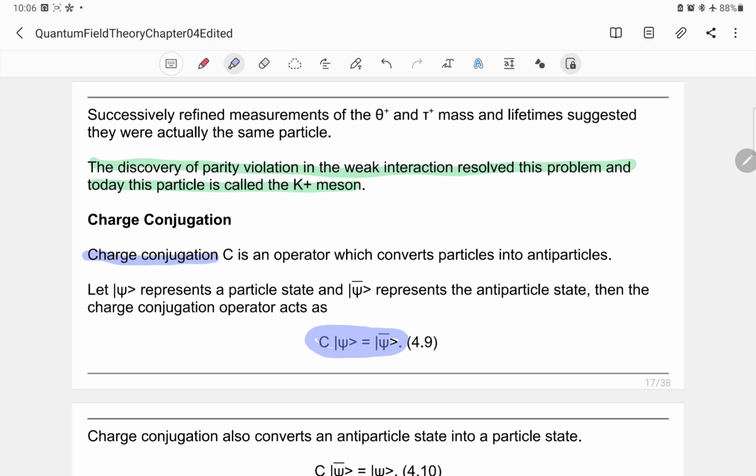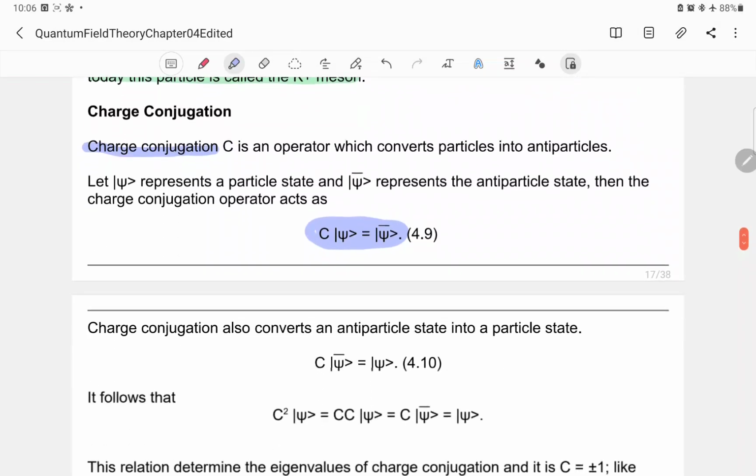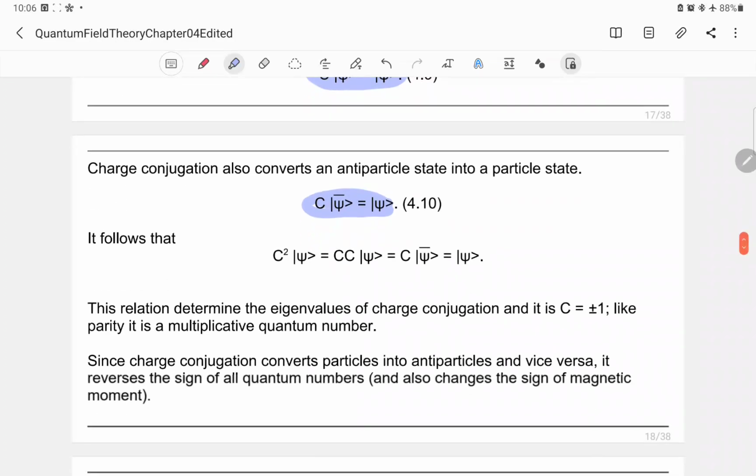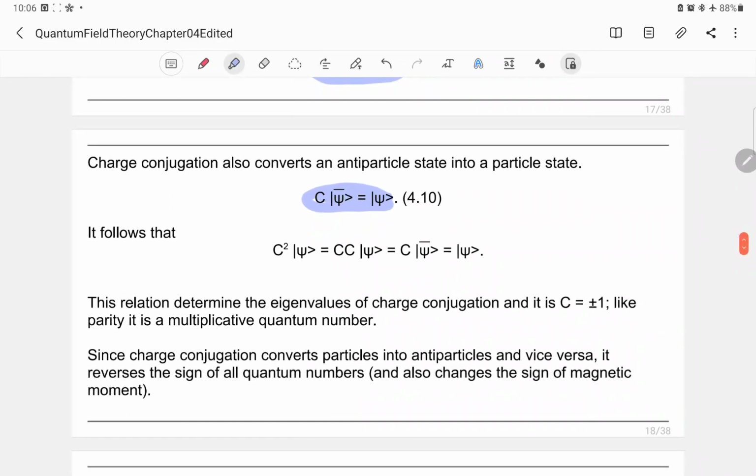It converts your particle into an antiparticle. But if C also acts on an antiparticle, it will convert it to a particle, like here. It follows that C has eigenvalues of plus or minus 1, because if you operate two successive charge conjugations, we will go back to the same state psi.